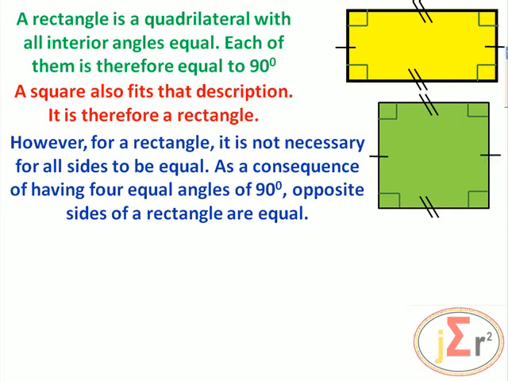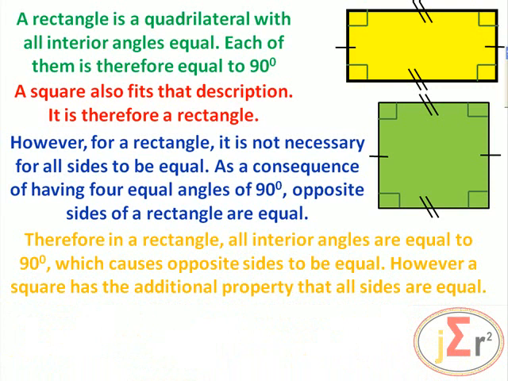Because a square is a rectangle, opposite sides of a square are also equal. Therefore, in a rectangle, all interior angles are equal to 90 degrees, which causes opposite sides to be equal. However, a square has the additional property that all sides are equal.